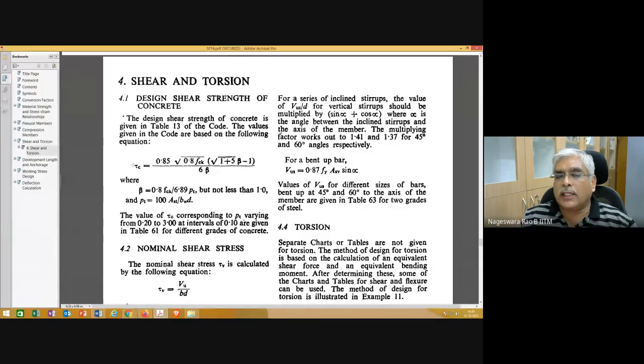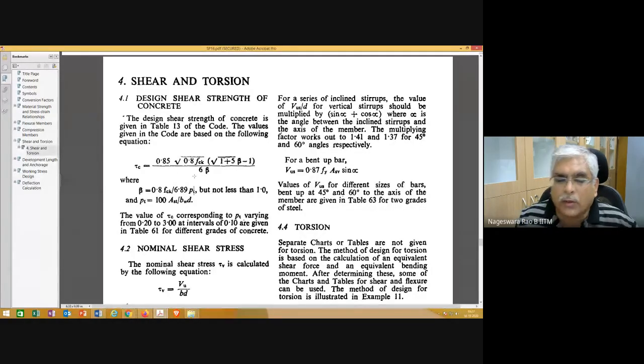So tau c is the design shear strength of concrete, which depends on fck, the grade of concrete as in Table 19. The expression for beta is given here, and it is a function of your tensile reinforcement. Any questions? Table 19 is generated using this.